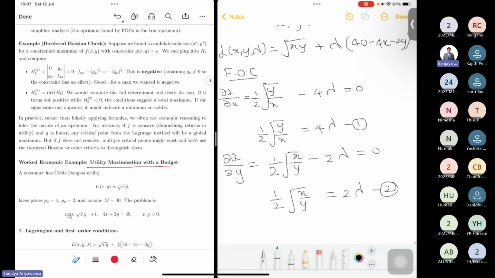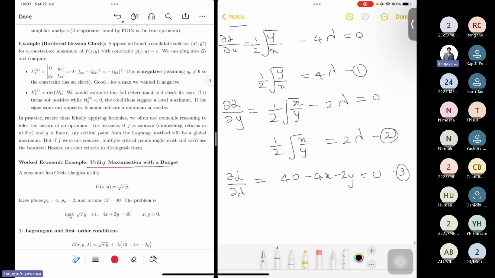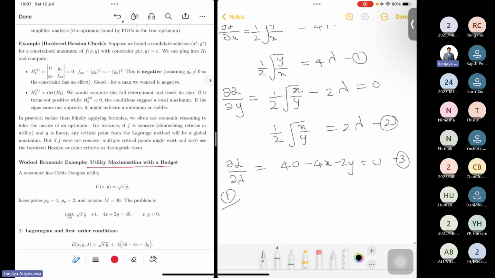That's my second equation. And the third equation is the Lagrangian with respect to lambda. From that I get simply the constraint, 40 minus 4x minus 2y equals 0. That's my third equation.